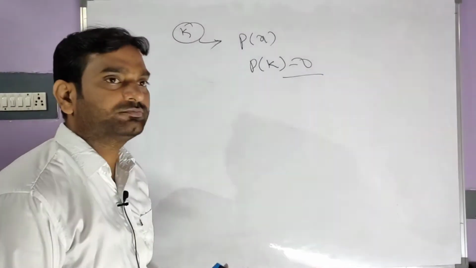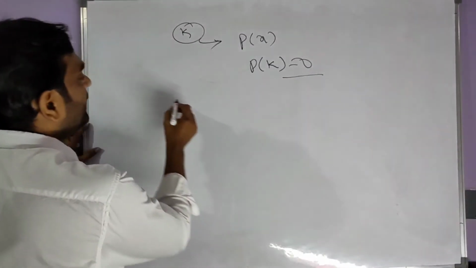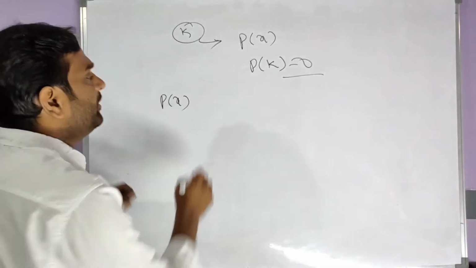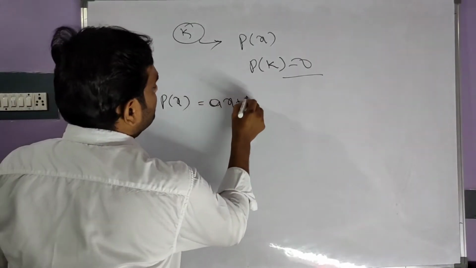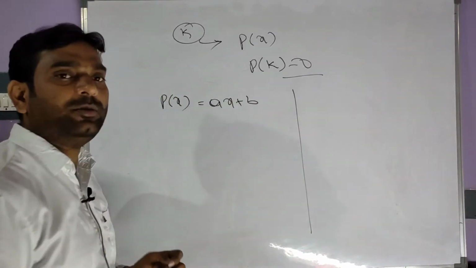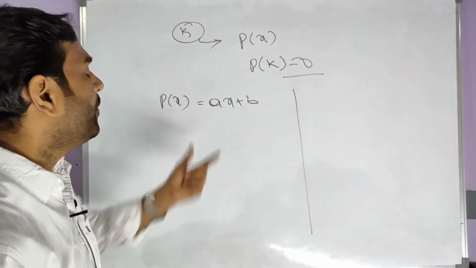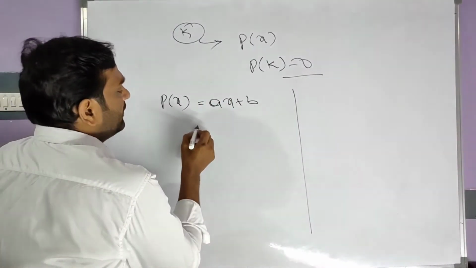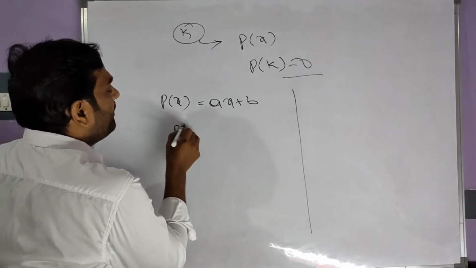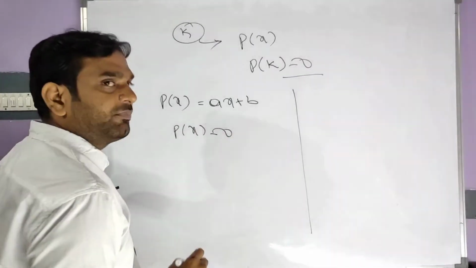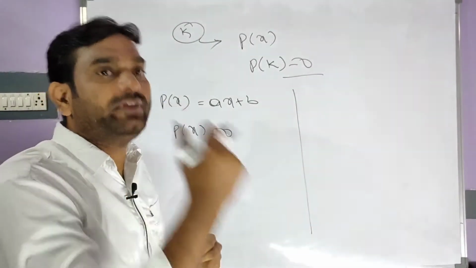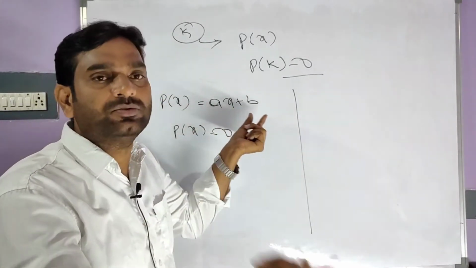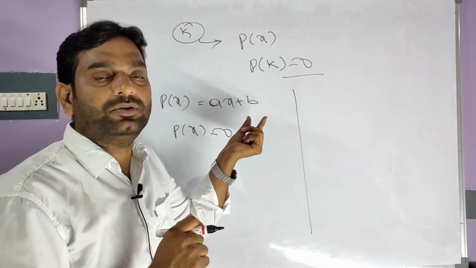Let's take a linear polynomial p of x equal to ax plus b. What is the zero of this linear polynomial? Zero of polynomial is nothing but p of x equal to 0. That means for what value of x is this polynomial equal to 0?